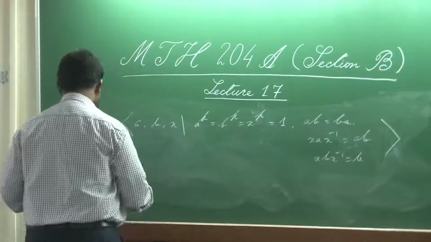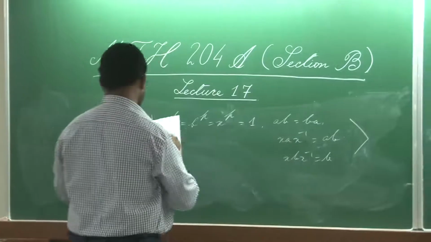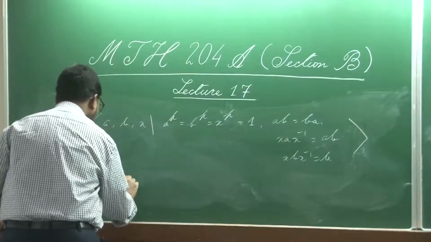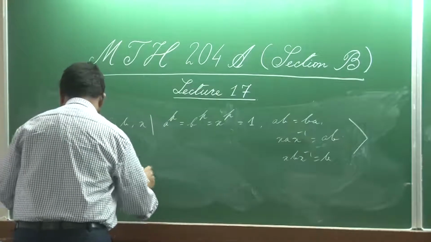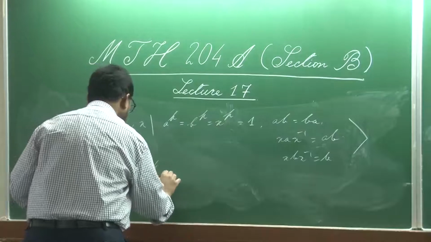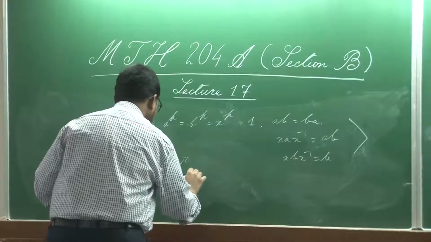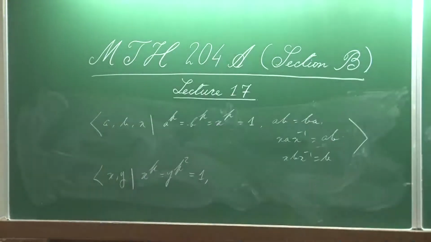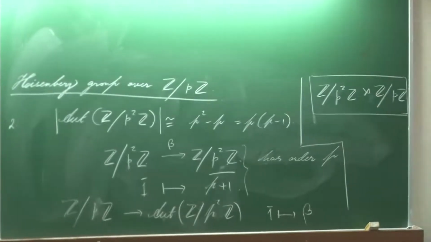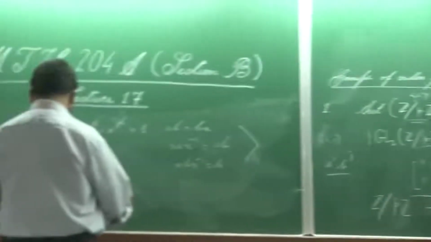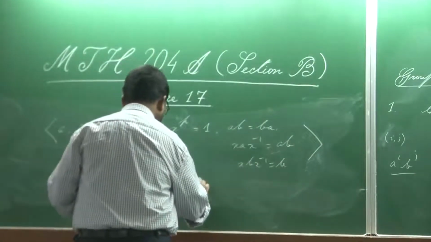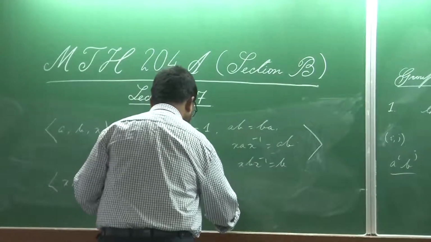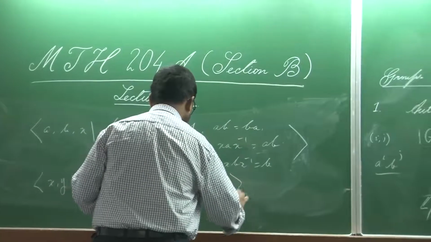The second group we can write similarly. There I have two things: x to the power p, y to the power p square equal to 1. So y is the generator of this, y to the p square equals 1, and then I have to say x y x inverse is y to the power p plus 1.